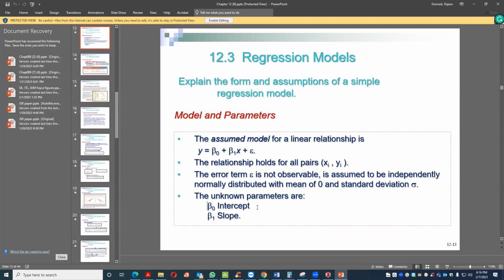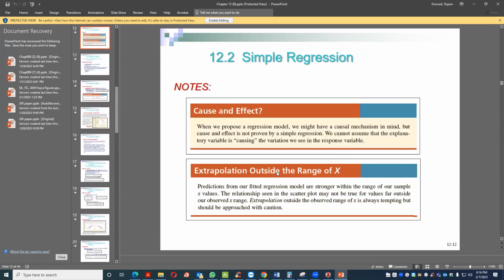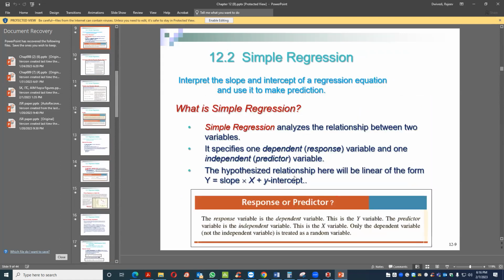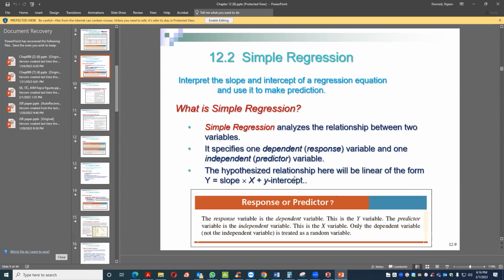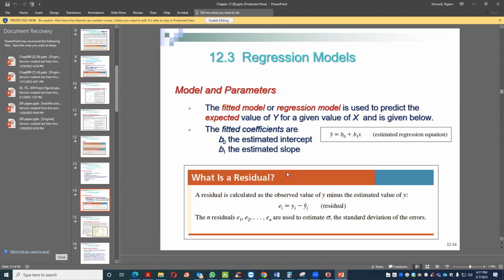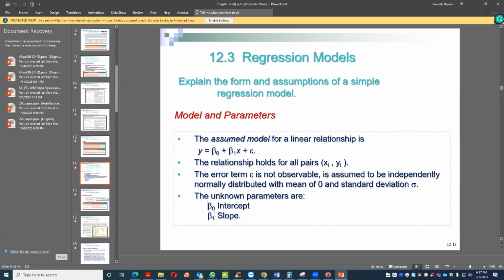So here, two unknown parameters. Let me see which slide has that. So just to understand, beta 0 and beta 1 are 0 under the null, and the alternative is not 0.